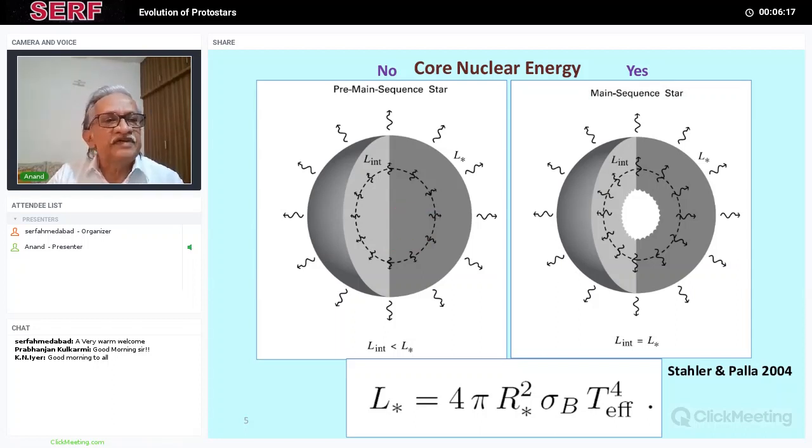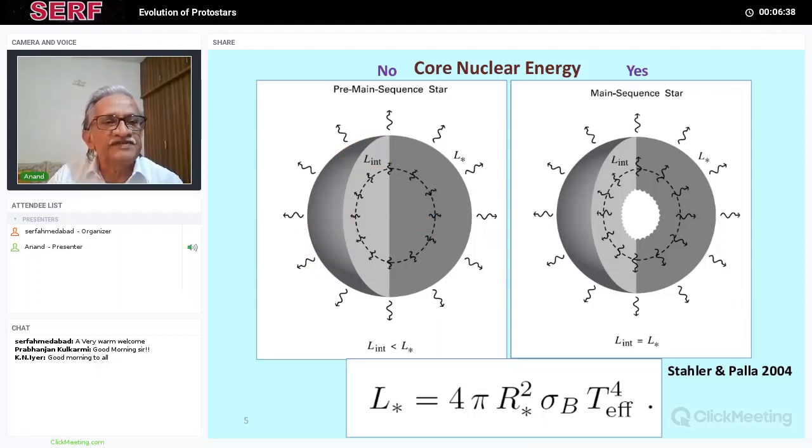So 10 to the power of 7 is a very small number. Heat energy cannot sustain that. The point that I am trying to make here is that the internal luminosity is less than the luminosity outside, because the outer regions lose more energy than the inner regions.